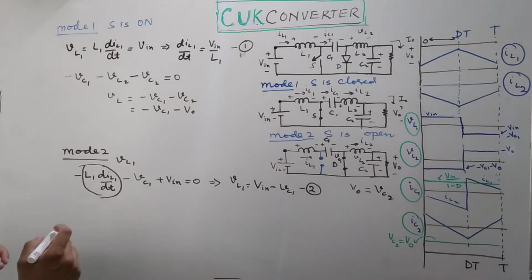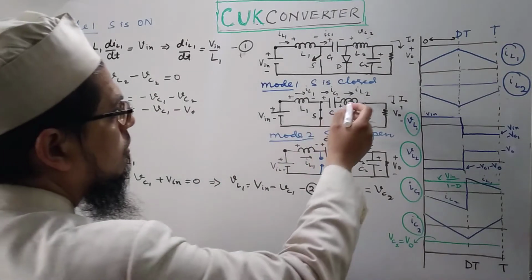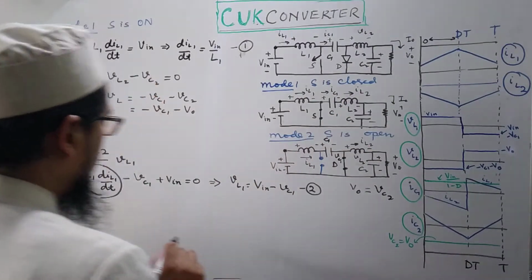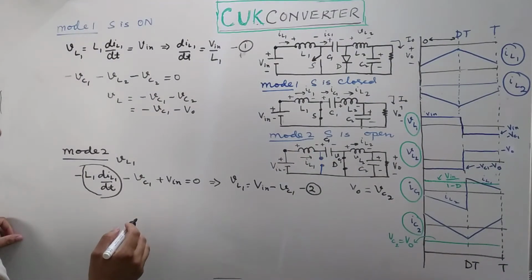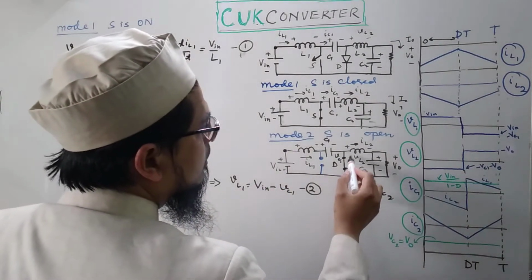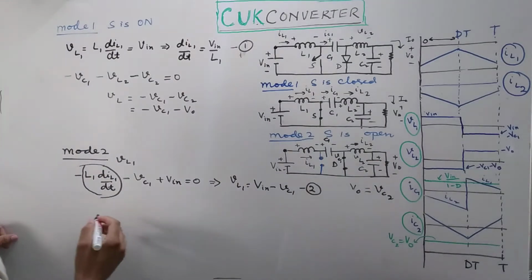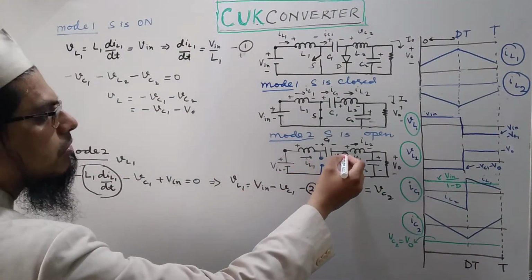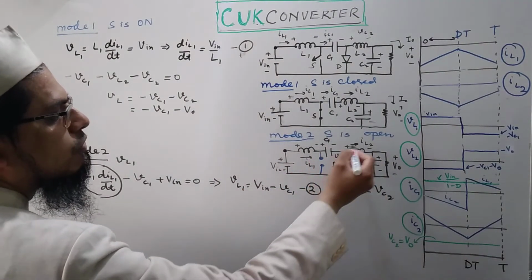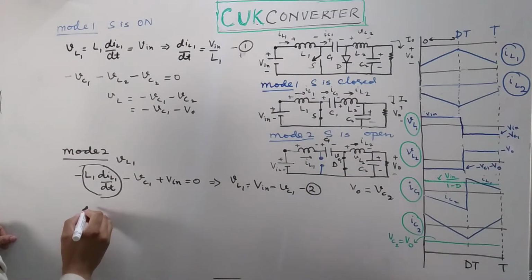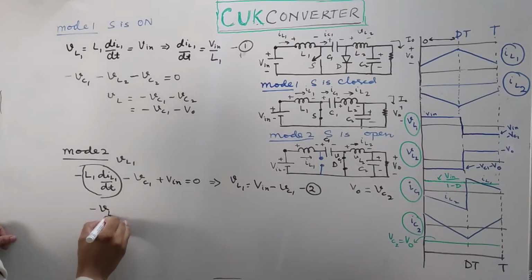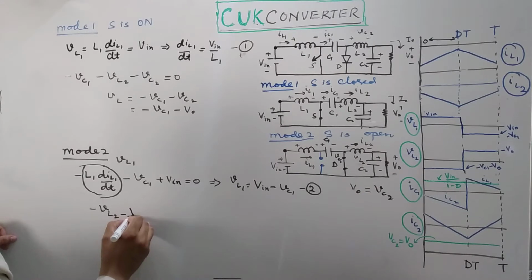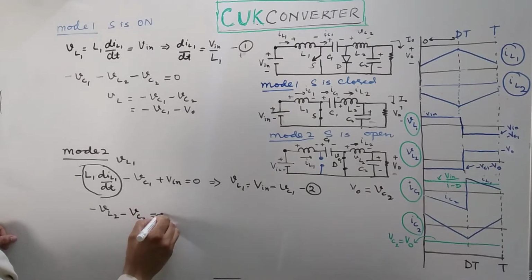So now let me write down the KVL equation for mode 2 applied to inductor L2. So again let me write the equation in this case. It is a bit simple here. Let me start from this point and let me move around this loop. So it is minus VL2 and then minus VC2 is equal to 0.